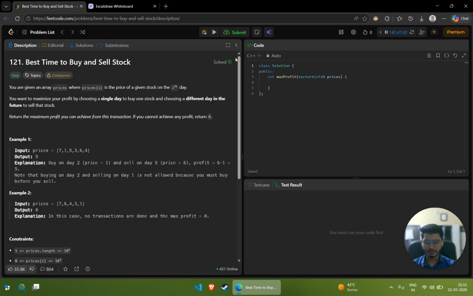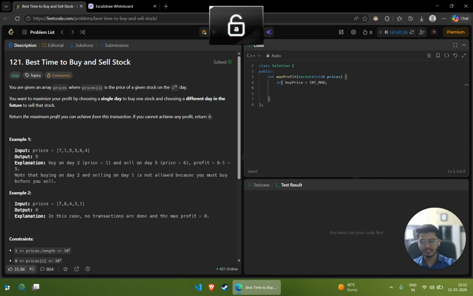Let's try to solve this. Here we will take the buying price, which is the minimum price we need to buy. Let's initialize it as the max value. And we also need the maximum profit, which is at first 0.